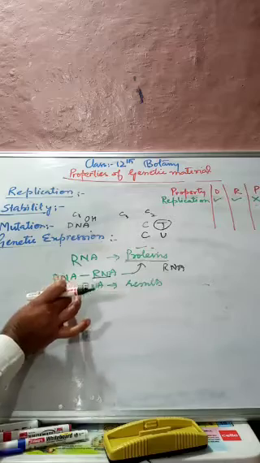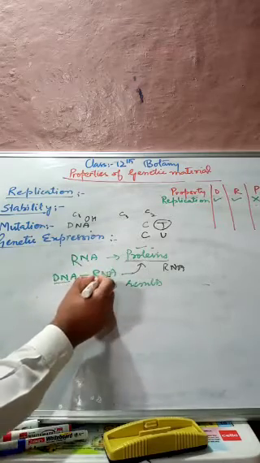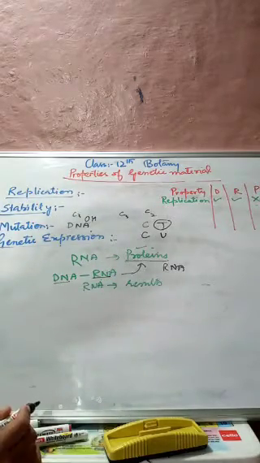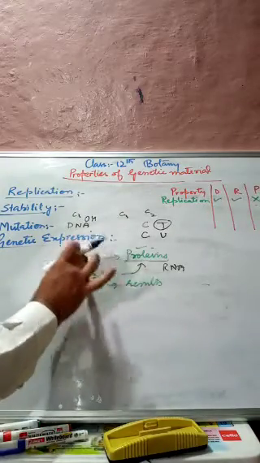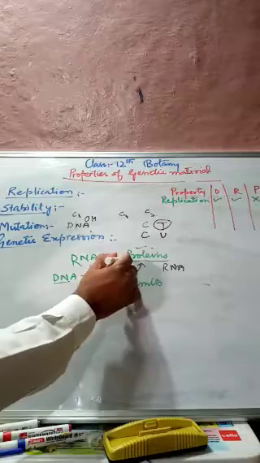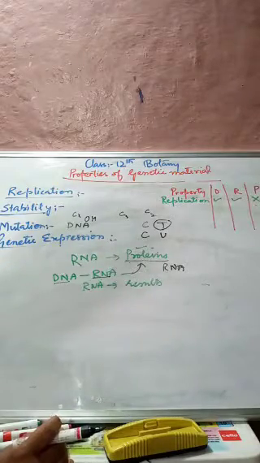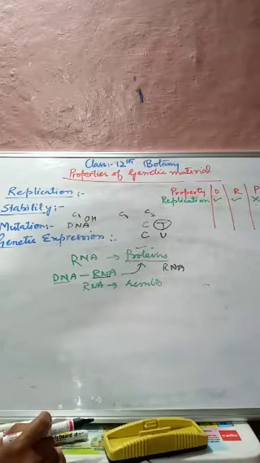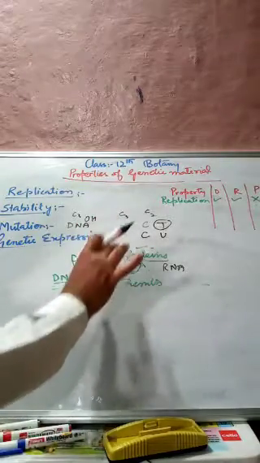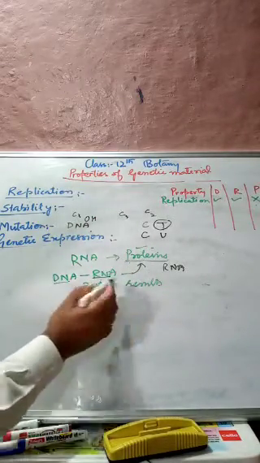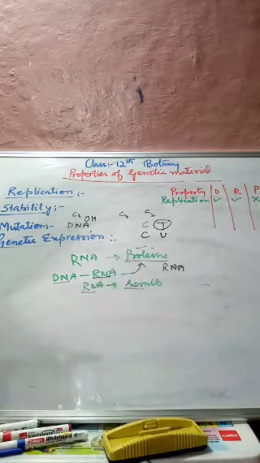So DNA, being more stable than RNA, is considered better for the storage of genetic information. However, for transmission of genetic characters, RNA gives better results.